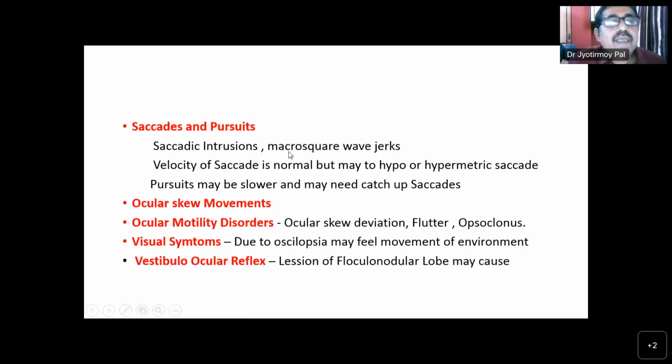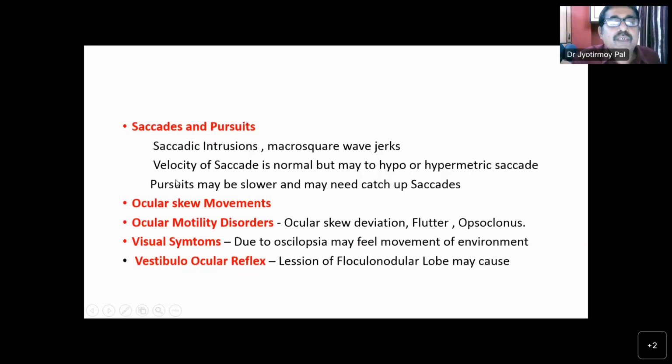Saccades and pursuits, not going into the details. Basically, this is governed by the flocculonodular lobe. In case of saccades, the velocity of saccade is normal, but there may be hypo or hypermetria. When you suddenly see my finger, there will be a saccade to follow the object, and after that my eye will again come back to the primary position.